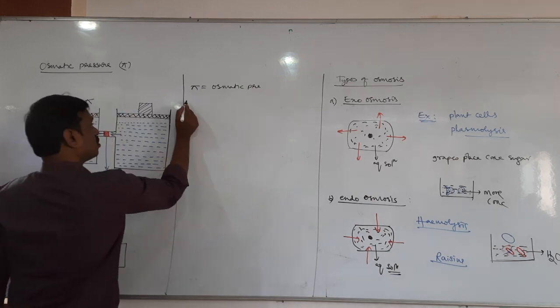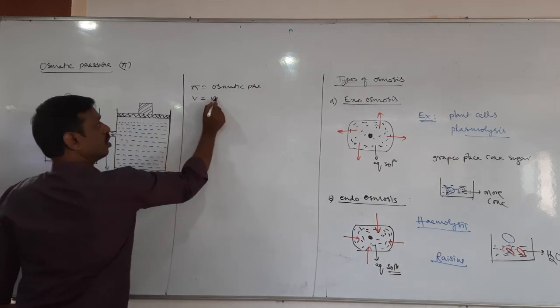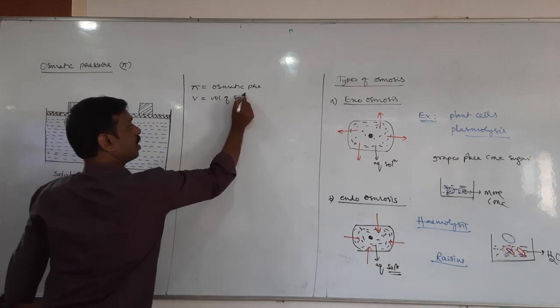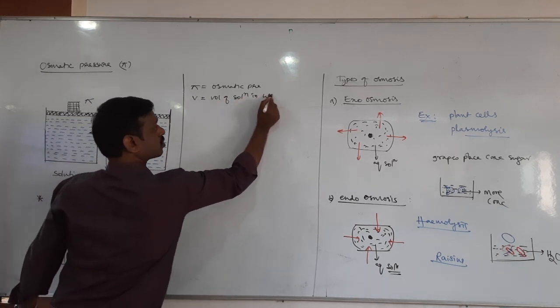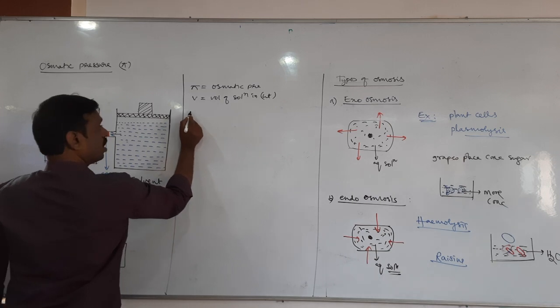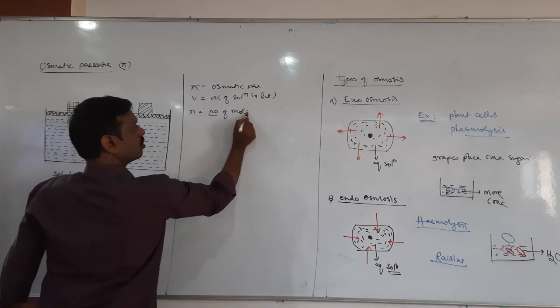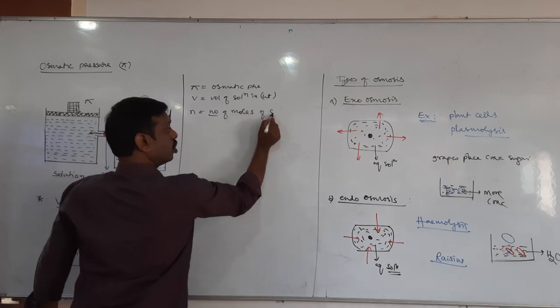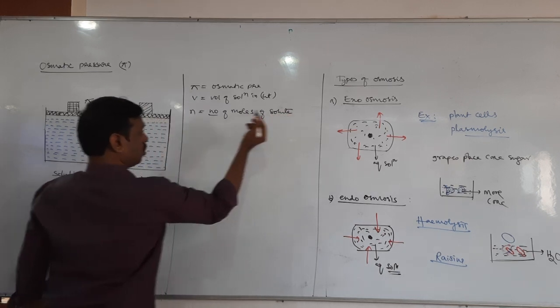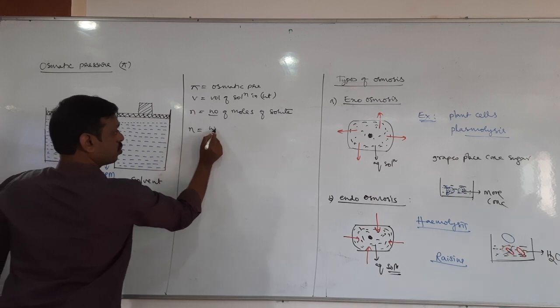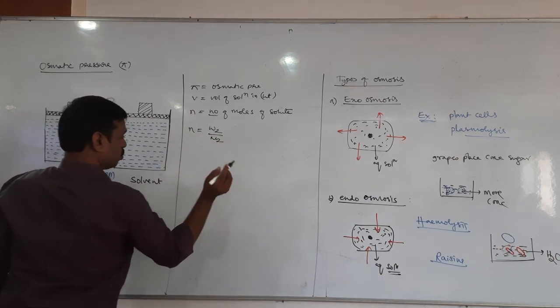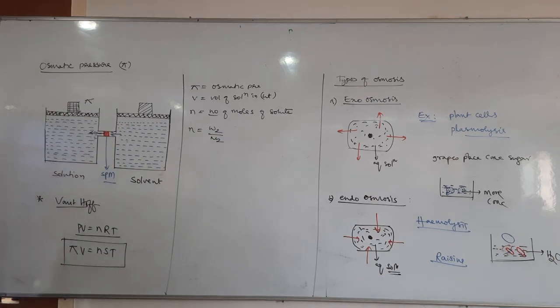And V equals volume of solution, which must be in liters. And n equals number of moles of solute or solvent? Solute. Therefore, we can write n equal to W2 by M2, the mass by molar mass of the solute.